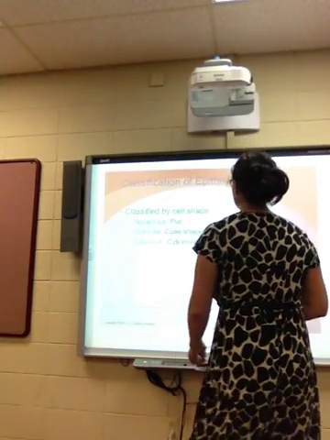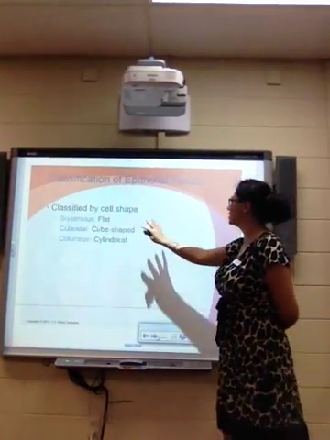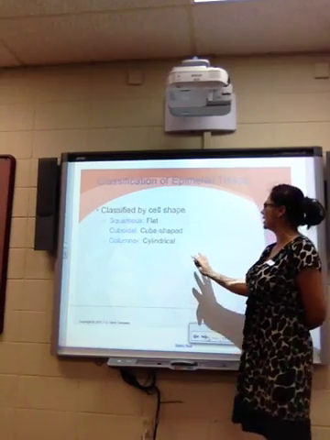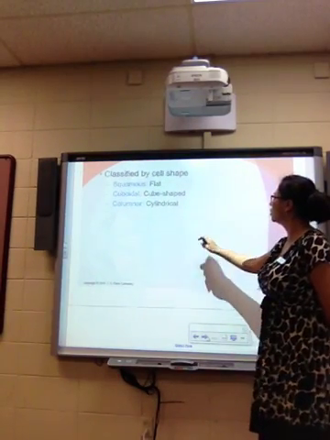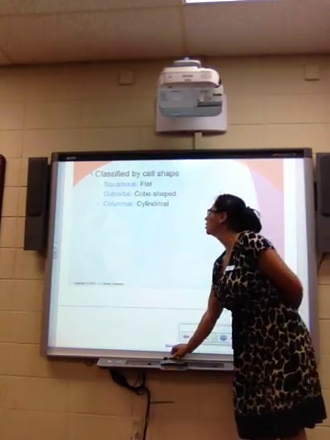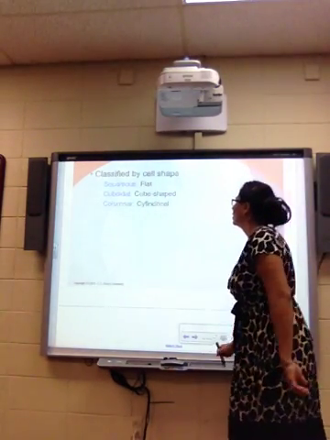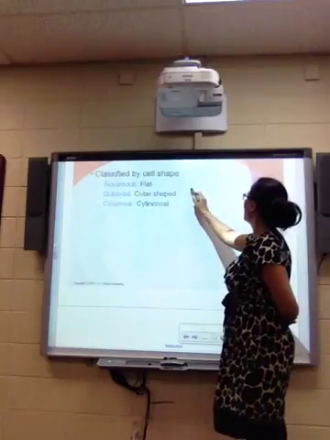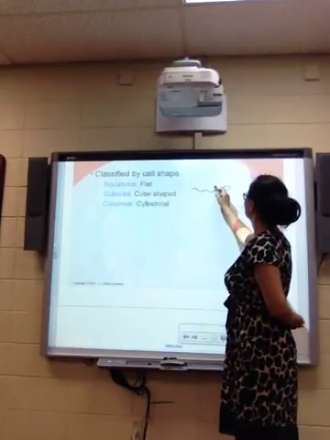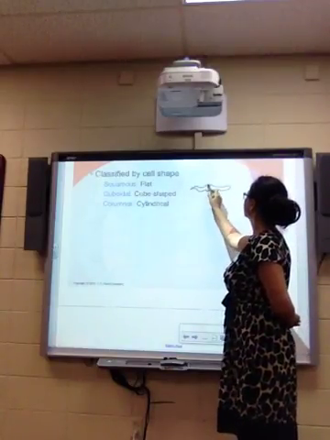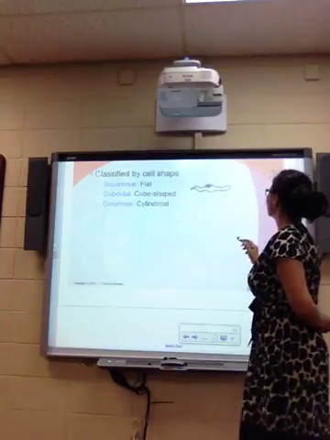Okay, so in your book, page 59 has nice, pretty pictures for these things. If we're looking at your epithelial tissue, squamous cells are nice and flat, but I like to think of them as fried eggs, because there's the nucleus.